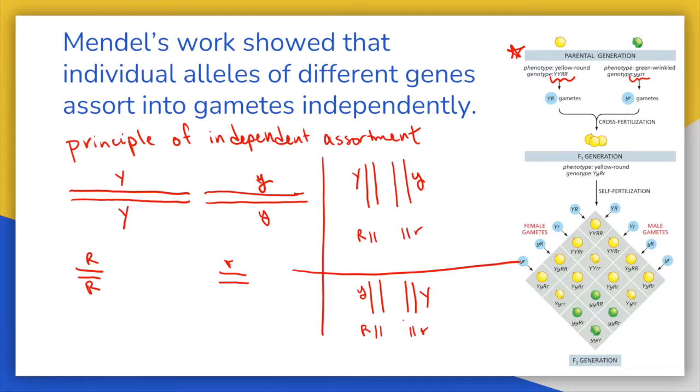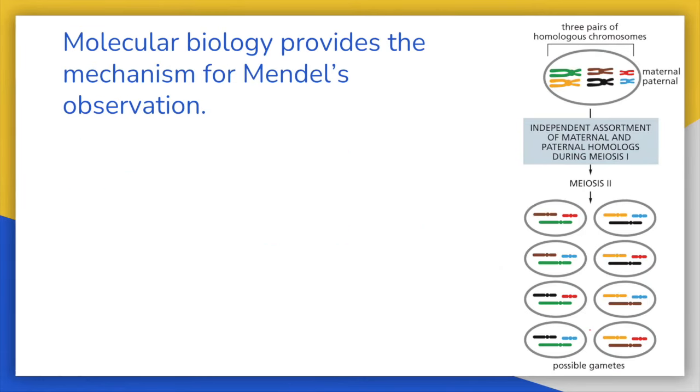For that reason, it's possible that in the offspring, we can get all dominant alleles, all recessive alleles, or all possible combinations in between. When you extend that to an organism like Homo sapiens that has 22 chromosomes, the combinations of possible alleles become enormous.